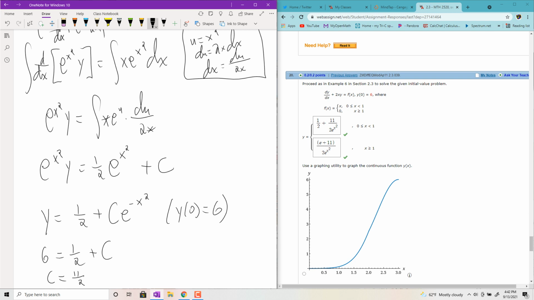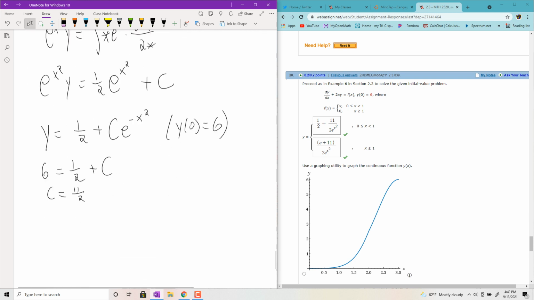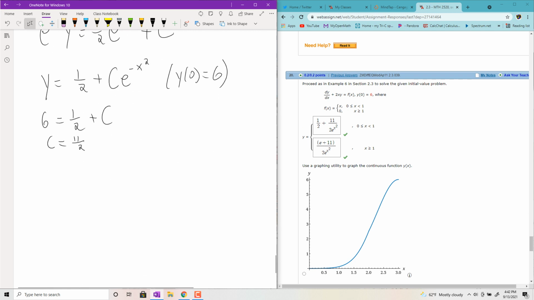And that will give us the first piece of our solution in our differential equation. y equals 1/2 plus 11 halves e to the negative x squared. And that will be when x is in between 0 and 1.